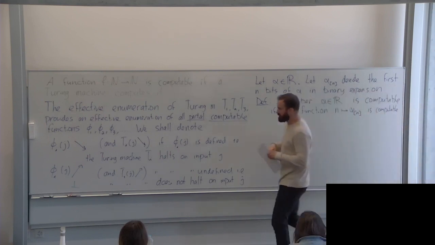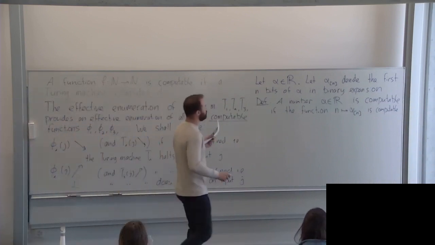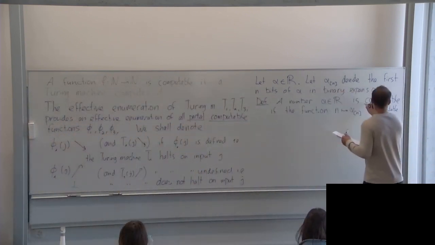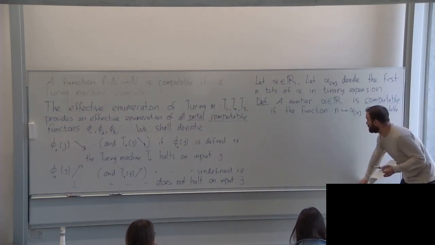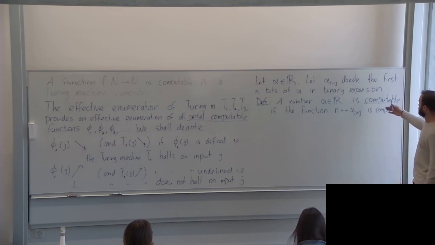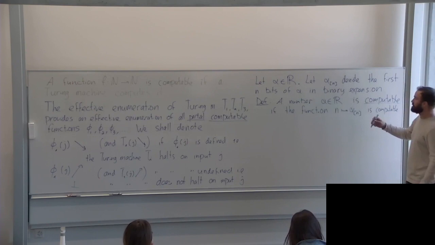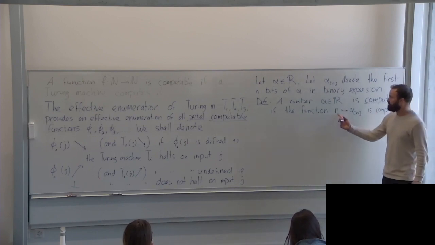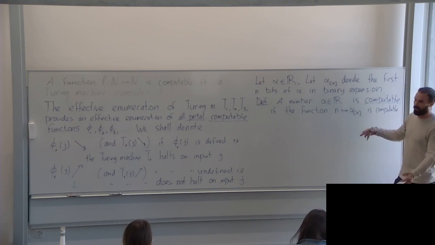I only briefly mentioned that, but we had not really written it down. To expand this definition, because I invoked the notion of a computable function, it means there's an algorithm which takes as input n and produces the first n bits of alpha, and then halts.